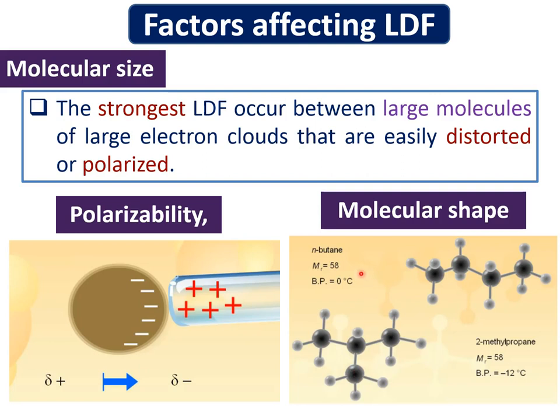Both have the same molar mass, which is 58. But look at the boiling point. The boiling point of normal butane is 0, and the boiling point of 2-methyl propane is -12, so the highest boiling point belongs to normal butane. Higher boiling points indicate stronger attraction forces.